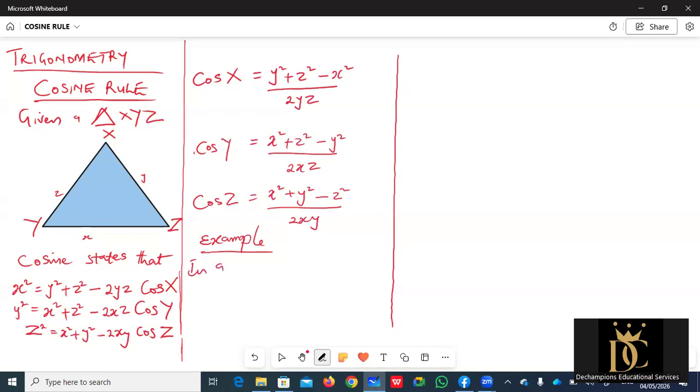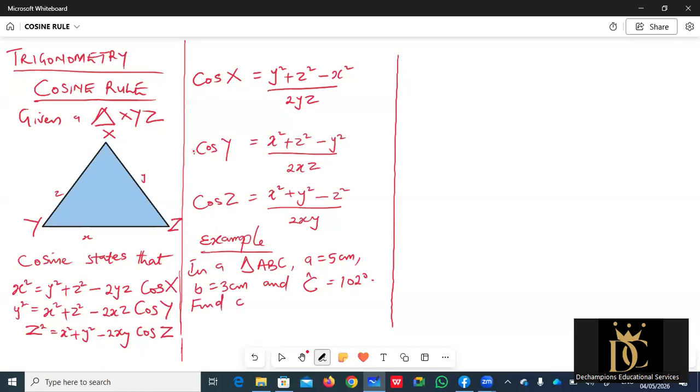In triangle ABC, a equals 5 centimeters, b equals 3 centimeters, and angle C equals 102 degrees.